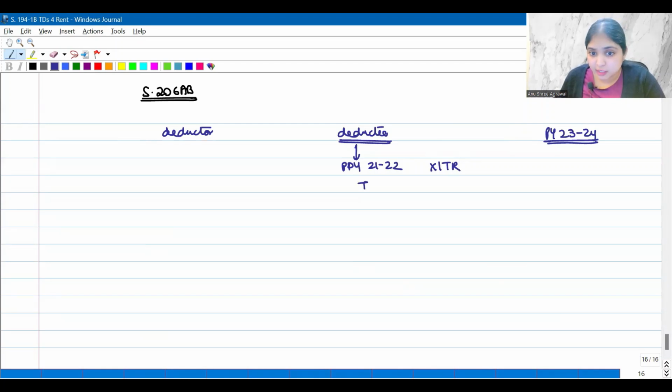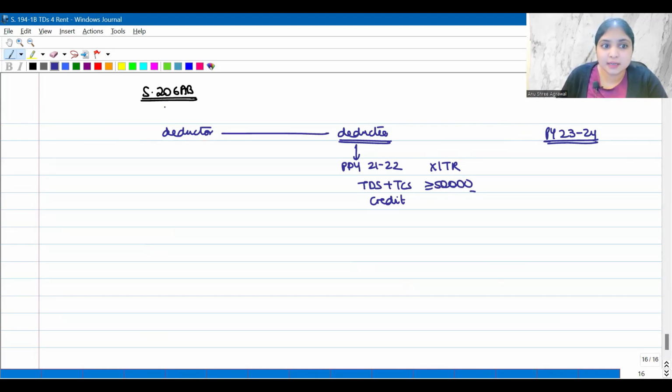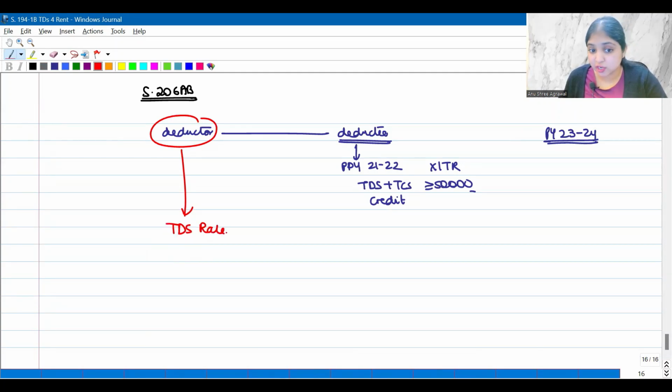And for this year, if you look at his TDS plus TCS credit, it is at least 50,000 rupees. So 206AB says that in such a case, when the deductor is deducting tax against such a deductee, the TDS rate should change. The TDS rate should become higher. So 206AB puts extra responsibility on the deductor.